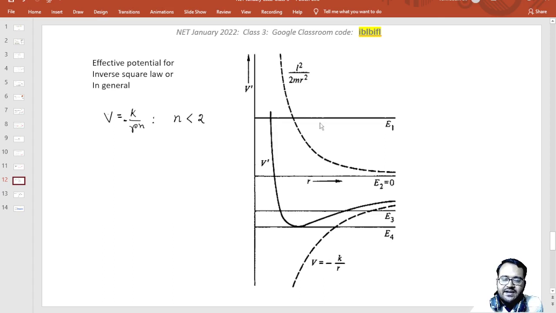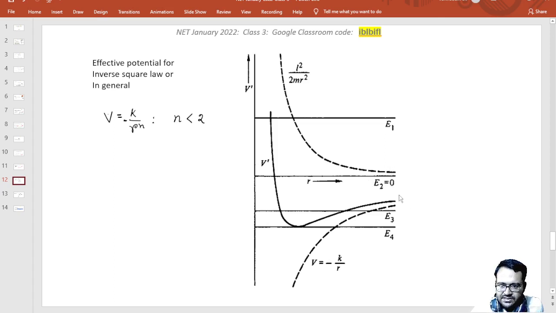So this does not have a bounded orbit, but a particle with energy E1 can roam around in a central potential, but it cannot go nearer than this limiting point. Otherwise, if it comes closer, its potential energy would be higher than its energy, so it cannot happen. E2 may be 0 or well below this; the structure could be the same. For energy equal to 0 or anything above 0, the structure will be the same.